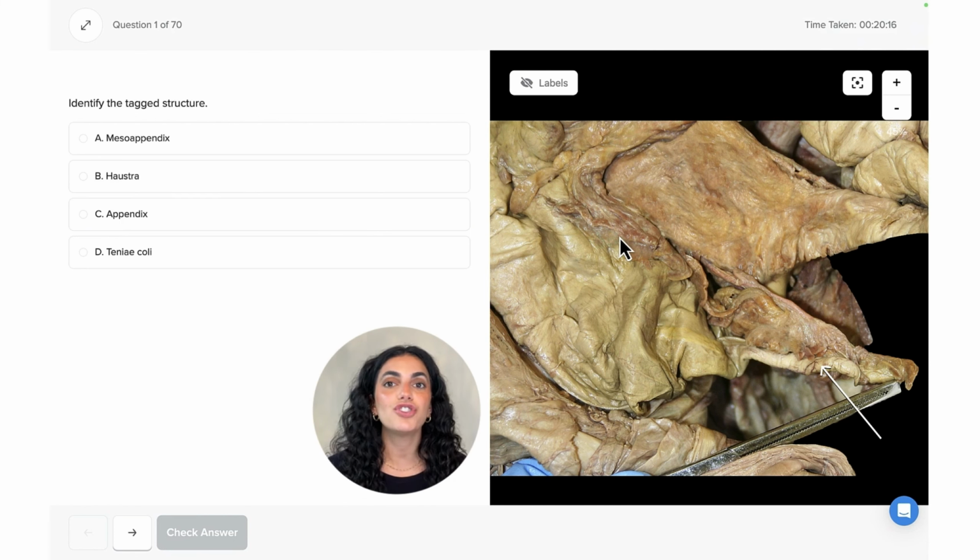And the ileocecal junction is the connection between the ileum of the small intestine and the cecum of the large intestine. Now we know that the cecum is the first portion of the large intestine that eventually connects with the ascending colon. So the cecum is found right over here, and then as we travel more superiorly right over here is where we'd be able to find the ascending colon.